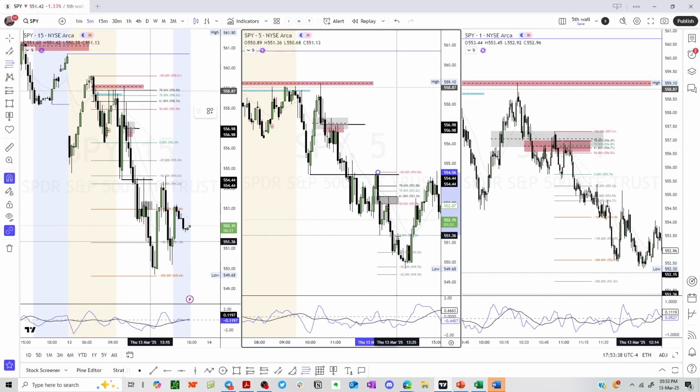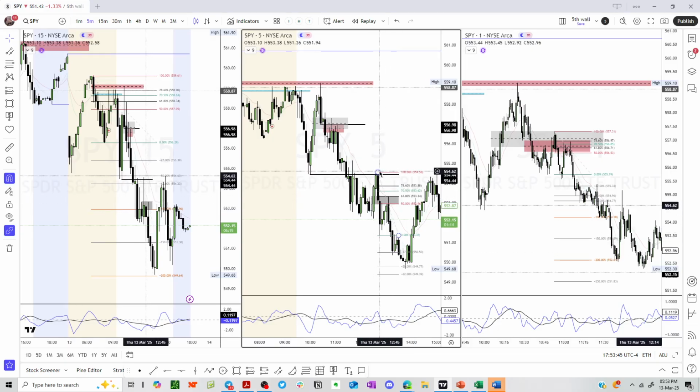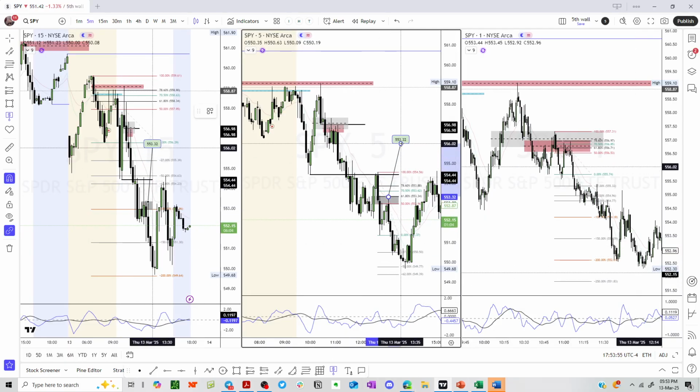So let's see, we have an optimal trade entry short here. So we have this swing high, this swing low, and that's 55334. And what was the level there? Swing high, 55332.